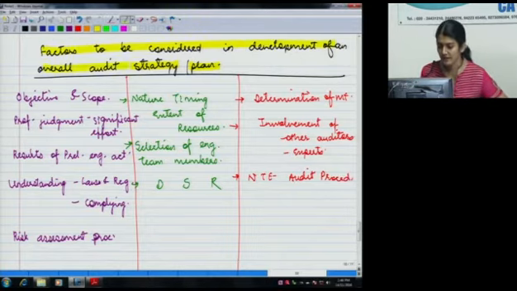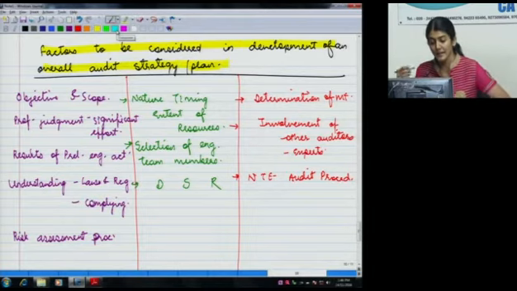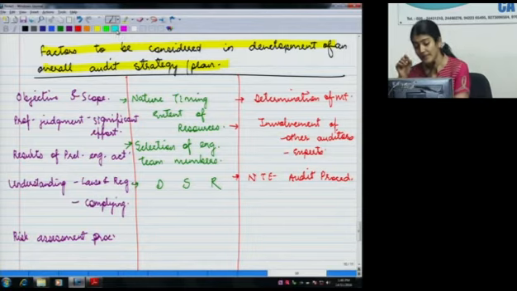Factors to be considered in the development of the overall audit strategy. Keeping these points in mind, you have to prepare the audit plan.